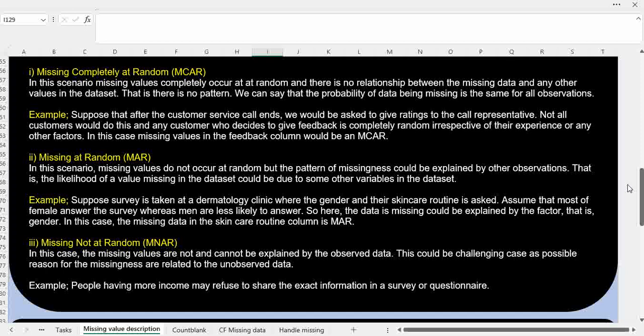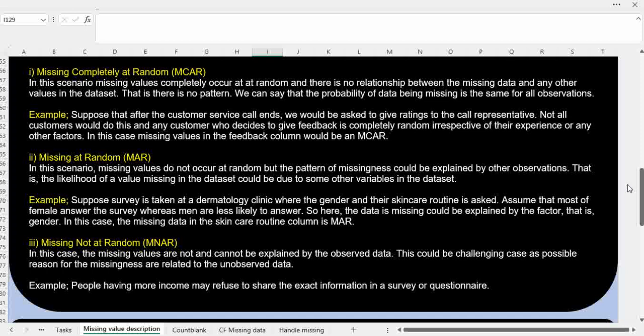Another case of missing not at random is when the missingness is due to this exact variable that we are missing. For example, some people who have higher salaries are not willing to respond to this question because they don't want to show how much they are earning.